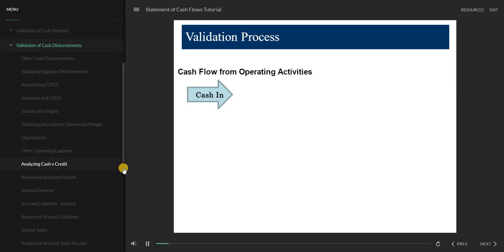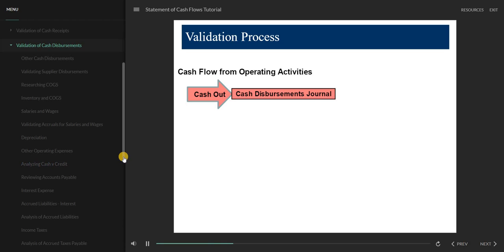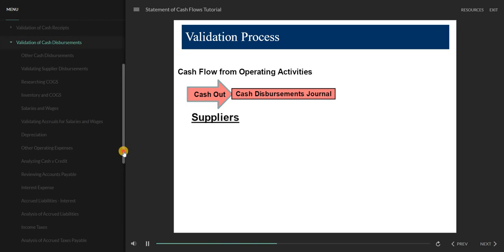Now that we've completed validating the cash receipts, let's move on to our cash disbursements relating to operating activities. The first section we'll look at under the cash payments are funds paid to our suppliers.